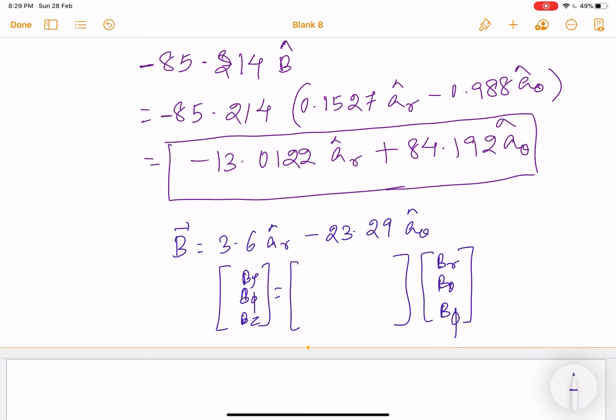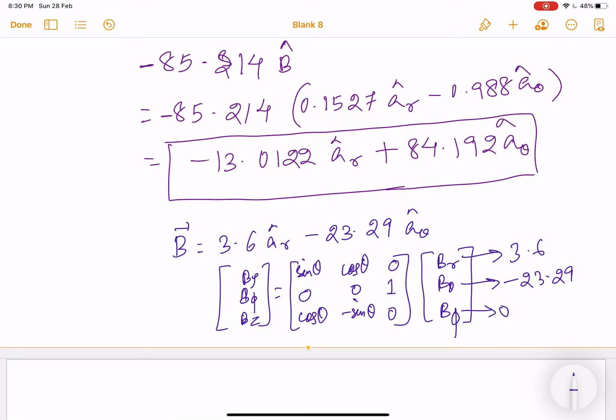So what should I write over here? The first row is sine theta, 0, cos theta. The next is 0, 1, 0. Then cos theta, 0, minus sine theta. Then the column is 3.6, minus 23.29, 0.